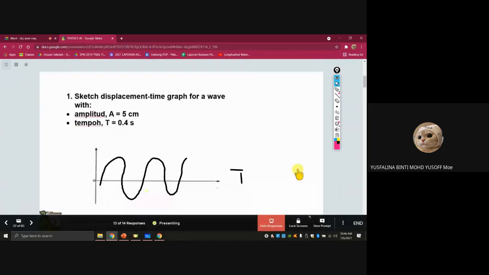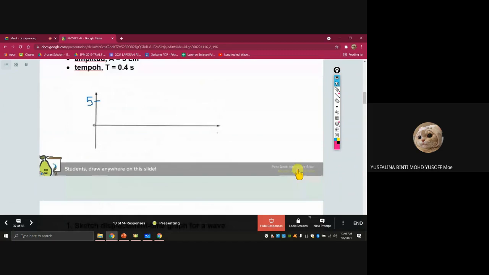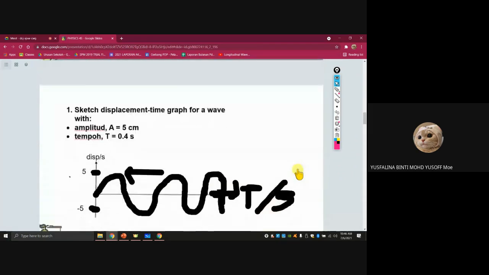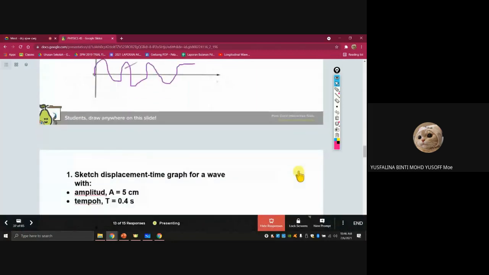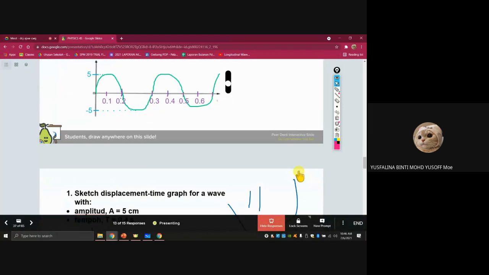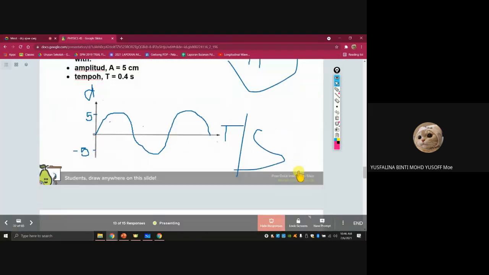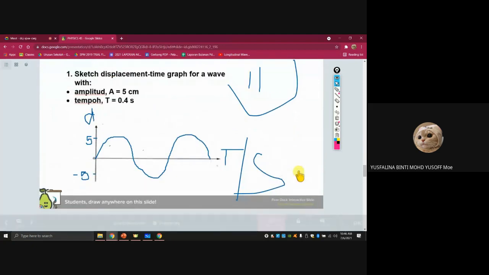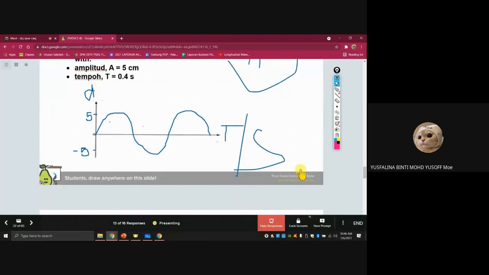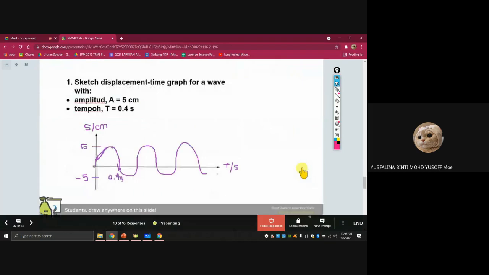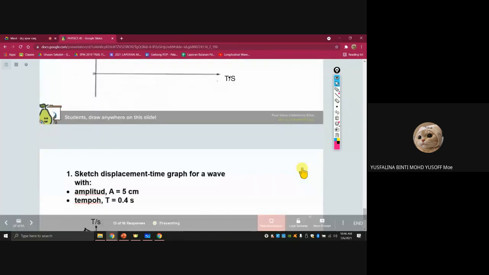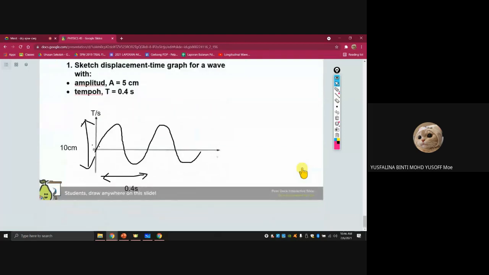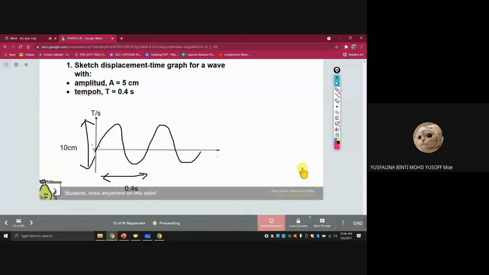I'll give you some time to draw, because I know it's hard to draw using a mouse. But you have to put the scale for the axis, right?